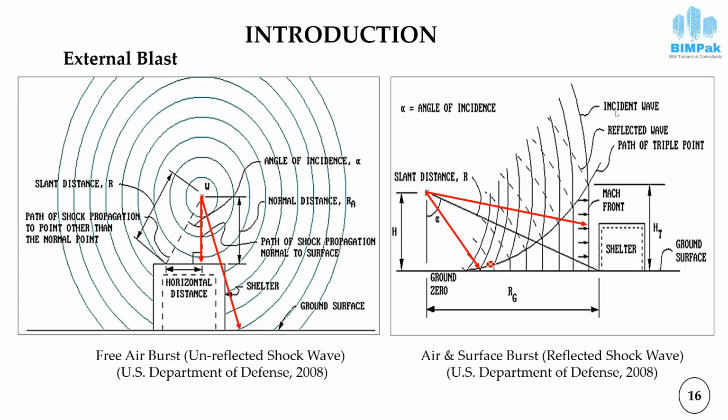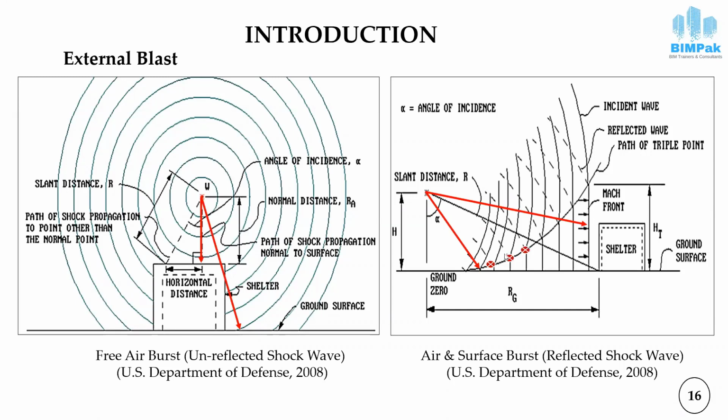Number one is the incident phase, shown by this continuous line. And there is a reflected wave which reflects from the surface, and this dashed line shows the reflected wave. So two types of waves will proceed to the target simultaneously.